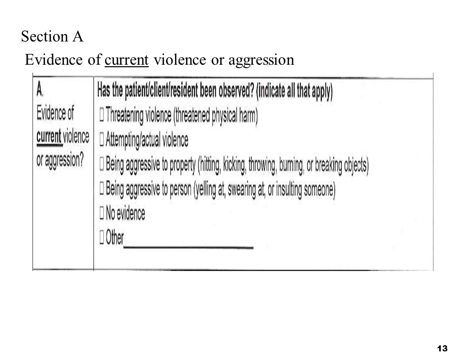Section A, is there evidence of current violence or aggression? So we want to be identifying these items. Has the resident been observed threatening violence, attempting or actually being violent, being aggressive to property, being aggressive to another individual?